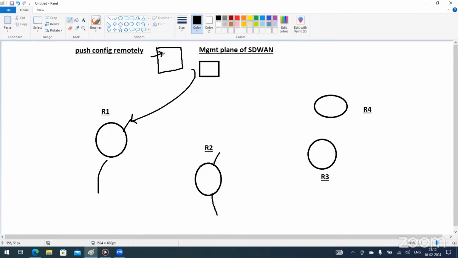So when SD-WAN pushes configuration onto R1, it will ask us to input the IP address for R1 one by one. Or we can link a CSV file with the WAN IP address and LAN IP address for R1 should be this. Similarly for other routers.